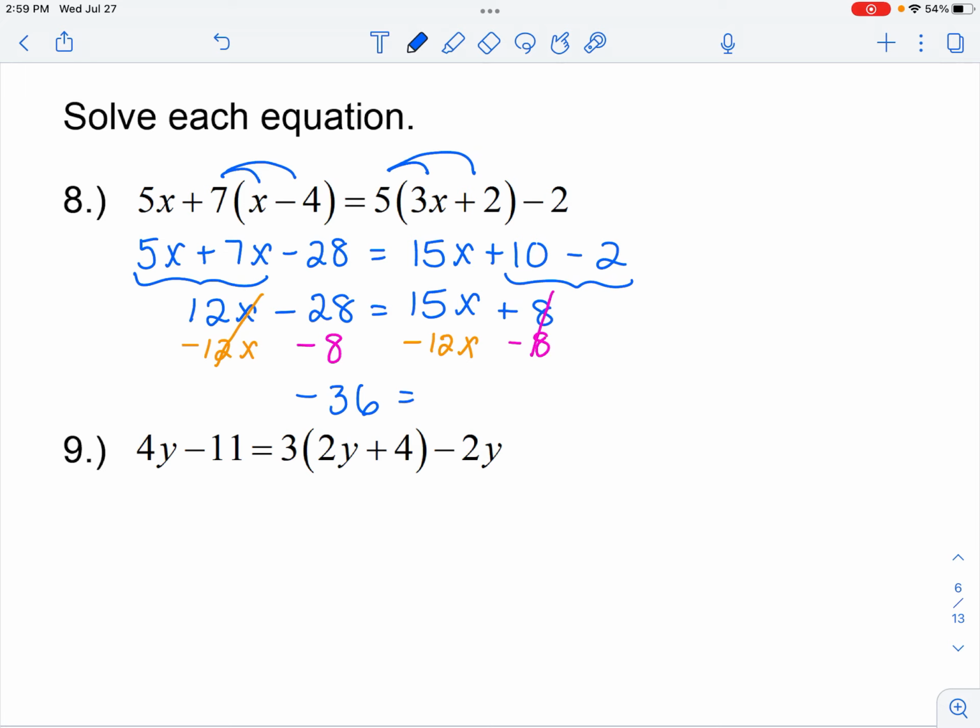And that's equal to 15x minus 12x is 3x. We're going to divide out the 3 to get negative 12 is equal to x. And that's my final answer. There is no need to check your answer here, but you could take your answer and plug it back into the original equation to make sure it works, which just means that the two sides of the equation will be equal to each other, right?